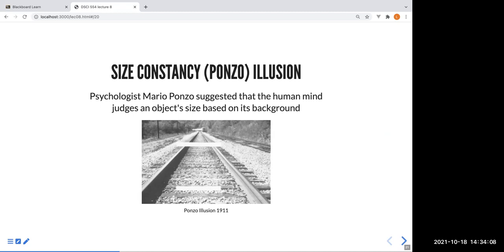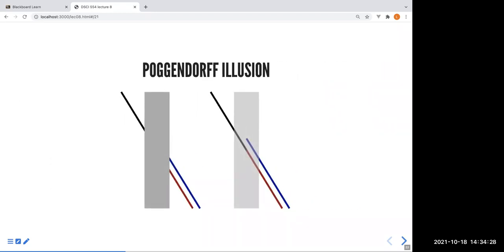So it's a conjunction of familiar shape, because you expect this rectangle to be the same as the other one, and the 3D information in the scene that creates the illusion.